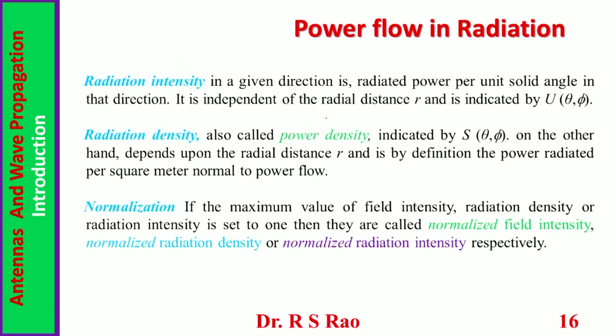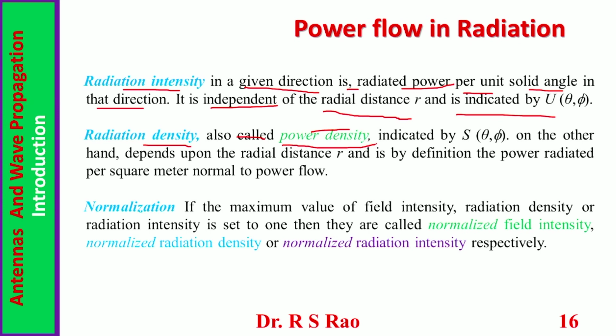Some more information regarding intensity and density. Radiation intensity in a given direction is the radiated power per unit solid angle in that direction. It is independent of the radial distance r and is indicated by U, a function of theta and phi. Radiation density is also called power density.